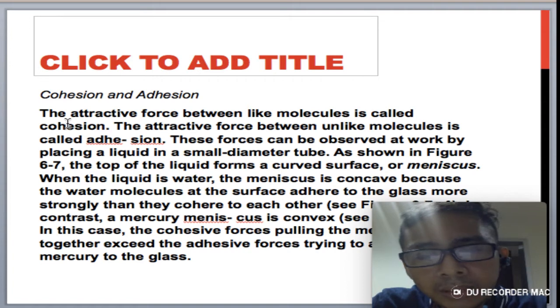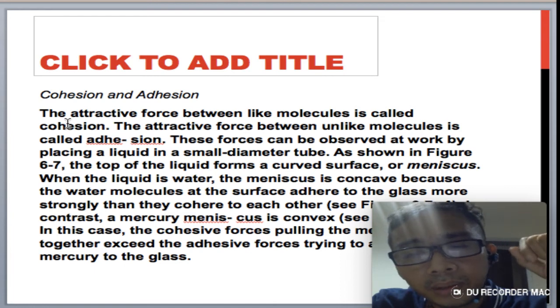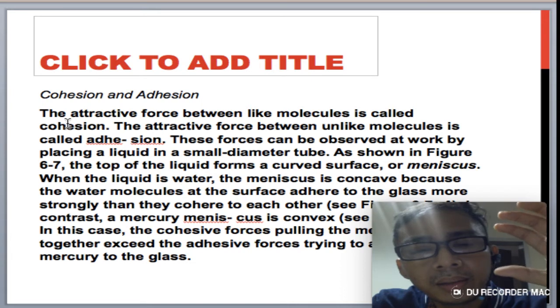So why do we need to study the meniscus? In a flow meter, the ball, if you are using a flow meter for oxygen therapy, the accurate reading of your flow is at the bottom of the ball. You cannot place the ball at 2 liters per minute on the center, because we are observing the lower meniscus.